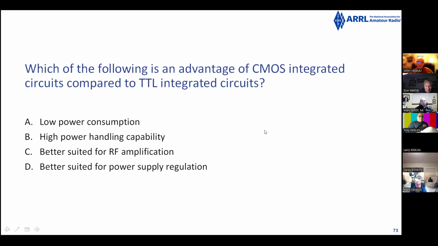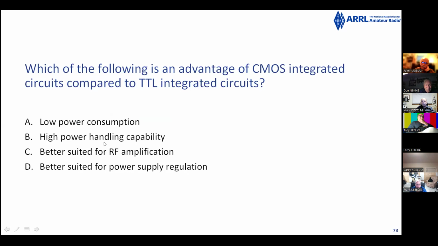Okay. Which of the following is an advantage of CMOS integrated circuits compared to TTL circuits? Low power consumption, high power handling capabilities, better suited for RF amplification, better suited for power supply regulation.